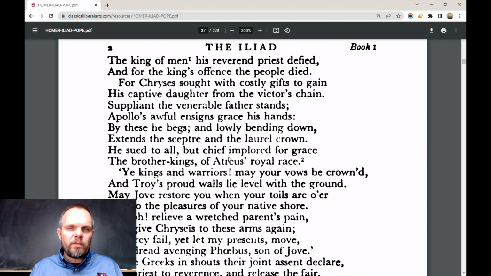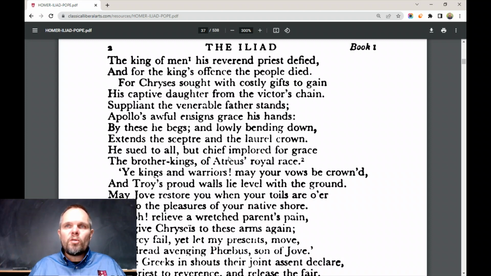He bows before Agamemnon with the signs of his priesthood, the signs of the god Apollo, in his hands, bowing down before Agamemnon. He extends the scepter and the laurel crown. These are the gifts he presents to Agamemnon.